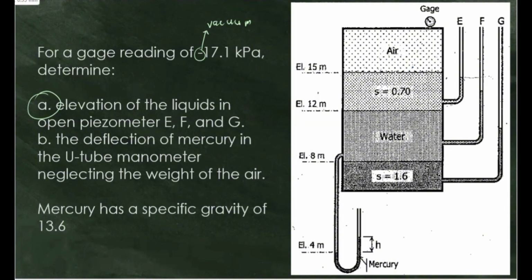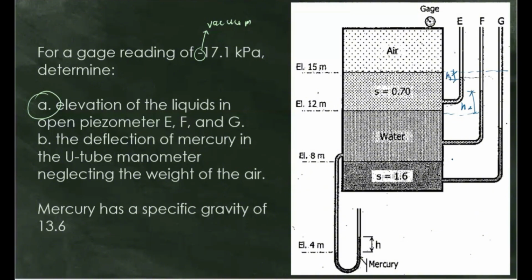So, dito sa pagitan nitong ito, yan, tsaka to, meron tayong, let's say, H sub 1, height sub 1. Tapos ano pa? So, malamang ito sa pagitan nito, tsaka to. So, H sub 2. Tapos, ano pa pwede?